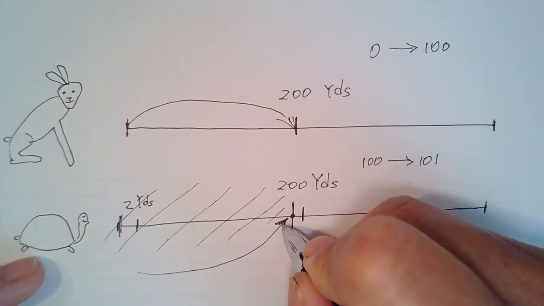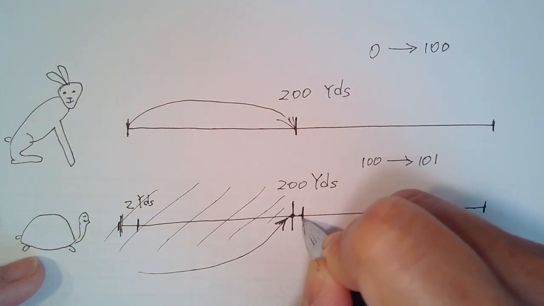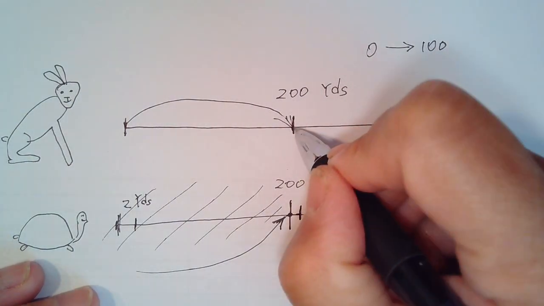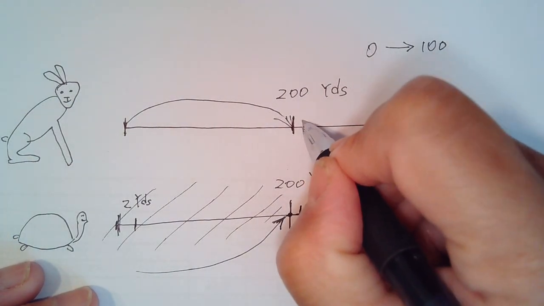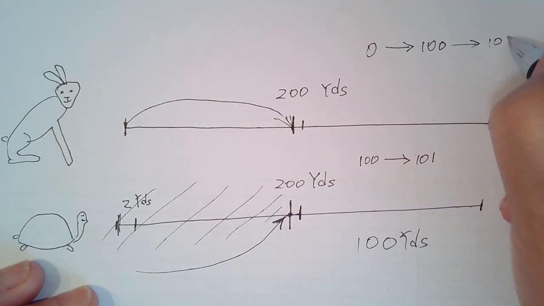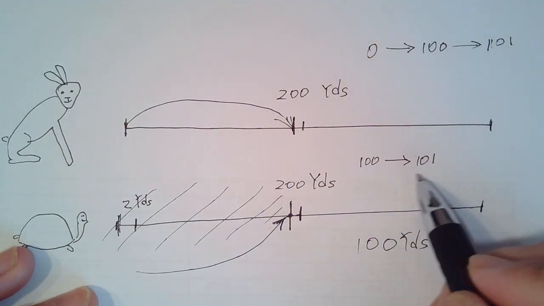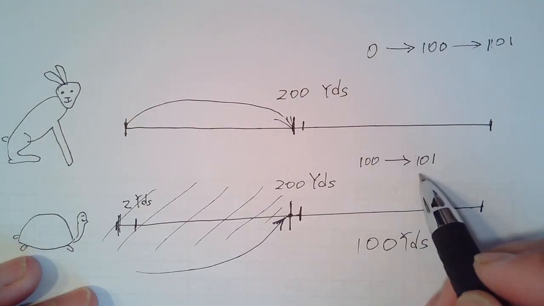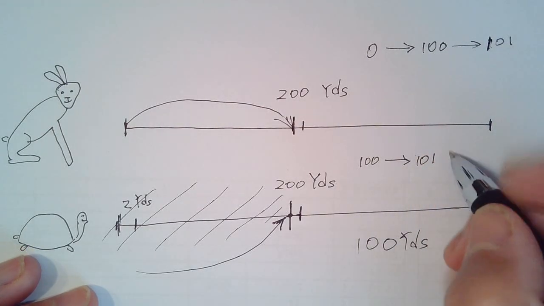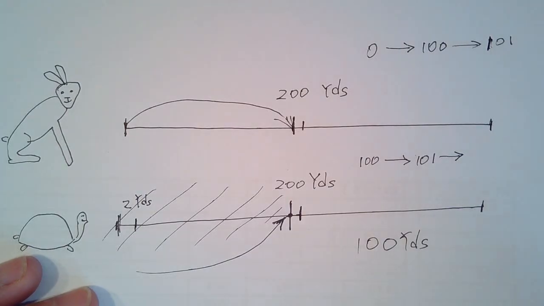All right. So when the tortoise is here, the hare is here. And when the hare goes another yard, 101, that's exactly where the tortoise was, okay? So if the hare goes from 100 to 101, what about the tortoise?